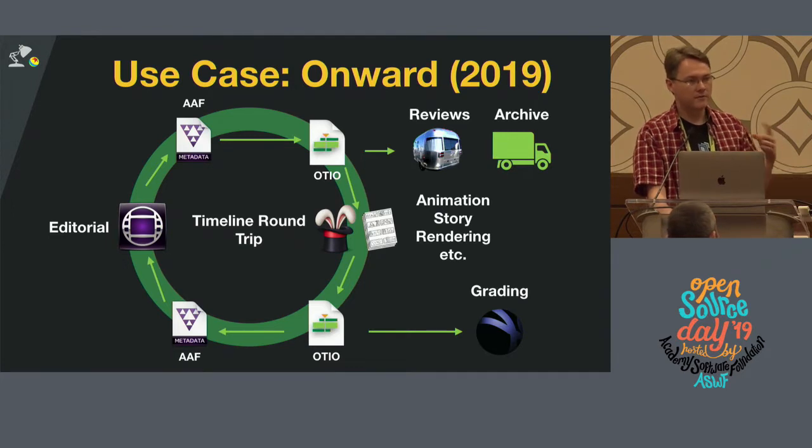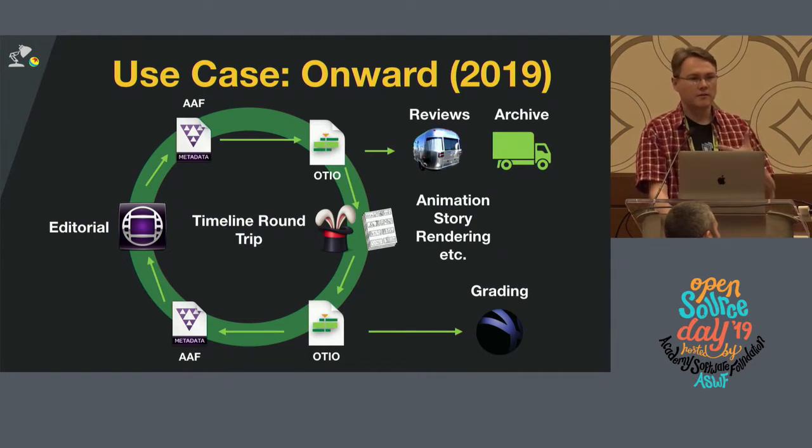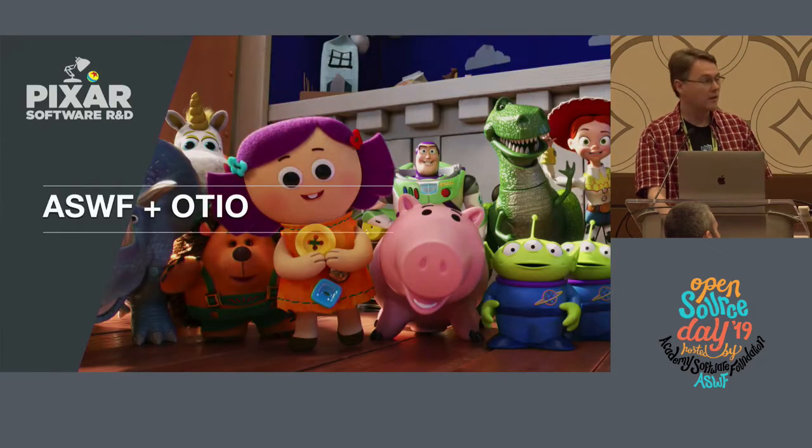This is really helpful for that collaboration, that round trip, so that, for example, the layout department can do a couple of different cuts of a sequence, different alternate versions, and communicate that back into editorial. So that's how we're using it.